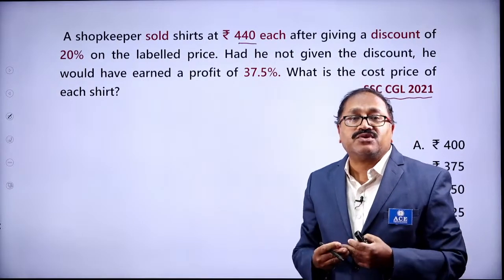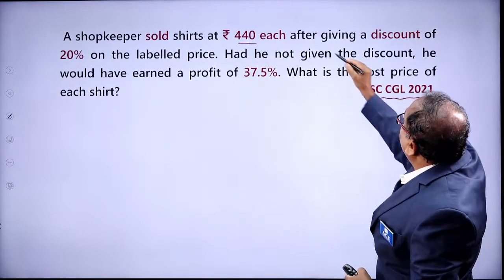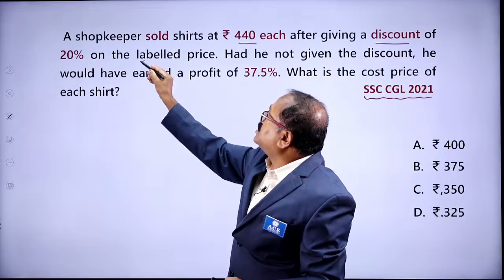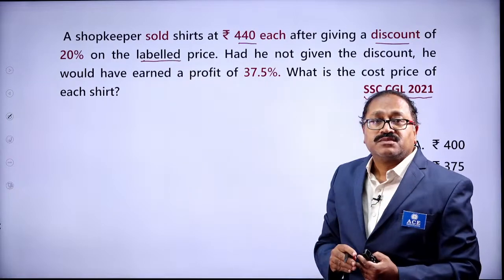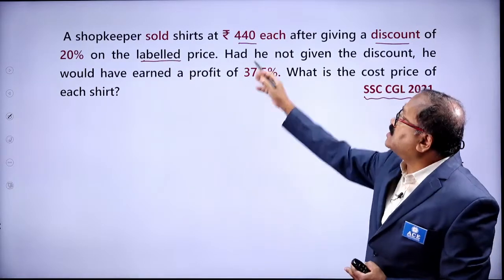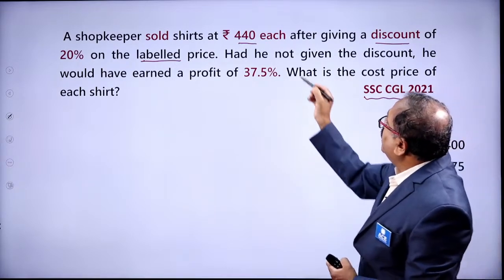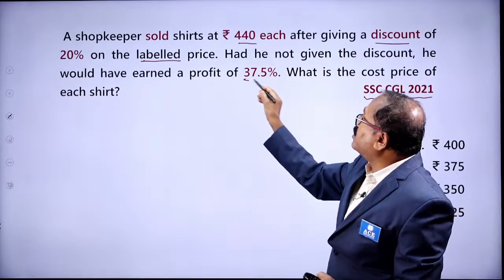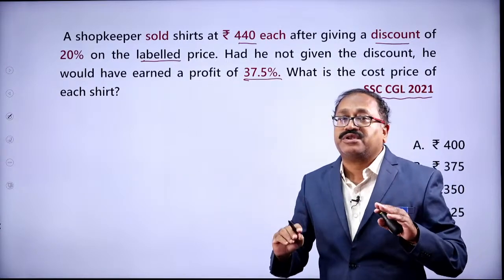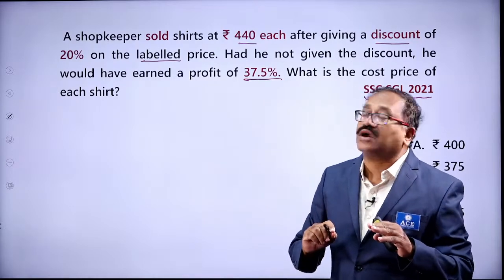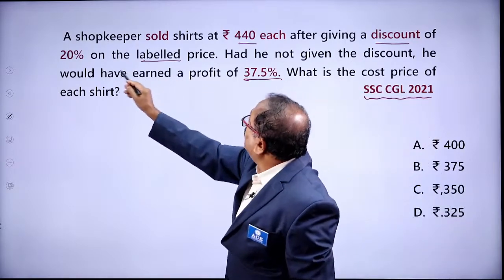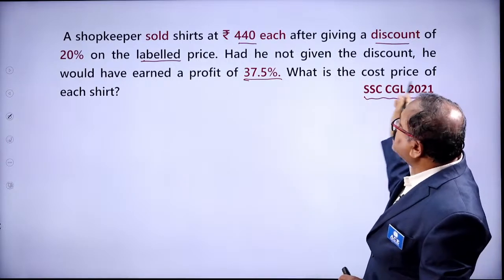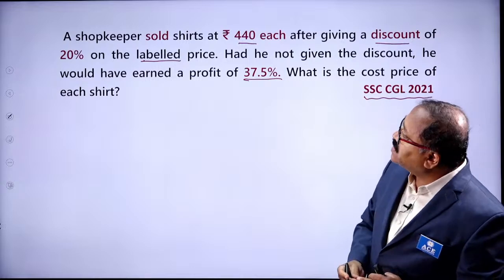The selling price of the two articles is the same, after giving a discount of 20% on the marked price, and the selling price is 440. Had he not given the discount, he would have earned a profit of 37.5%. Now, what is the cost price of each shirt?